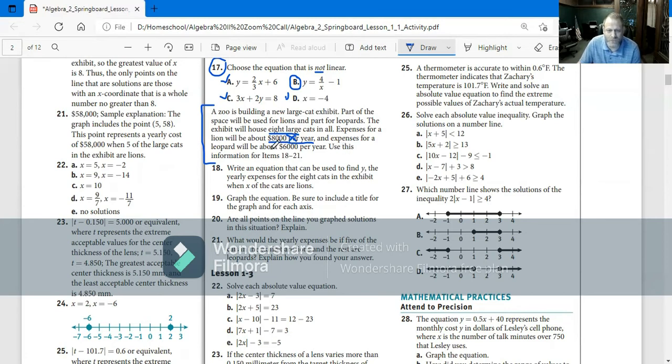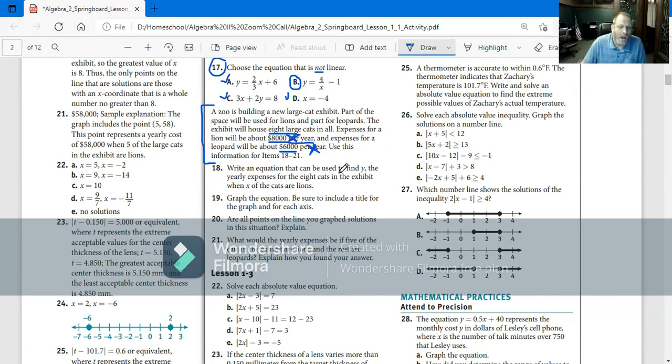And expenses for the leopard will be about $6,000 per year. That is a variable, not an X. I'm putting an X variable right there to show you.